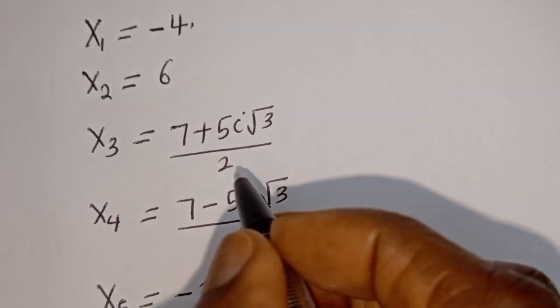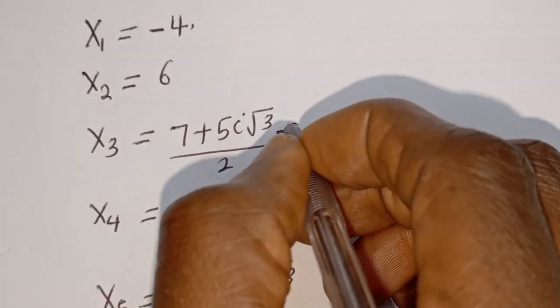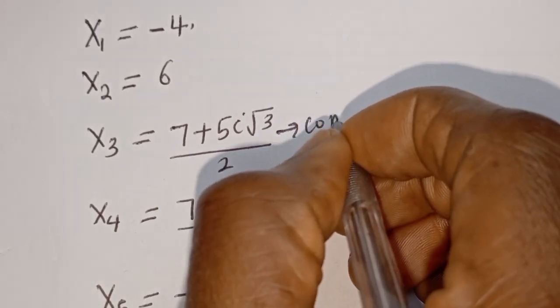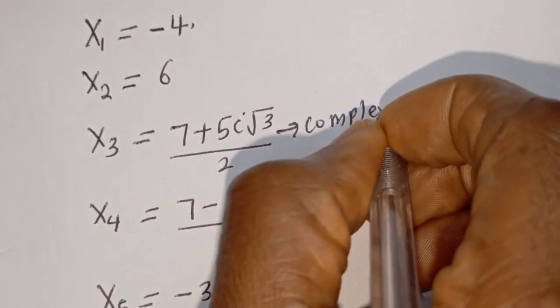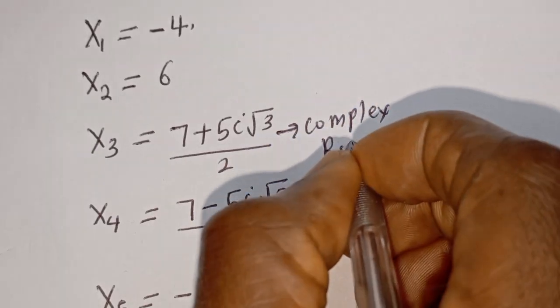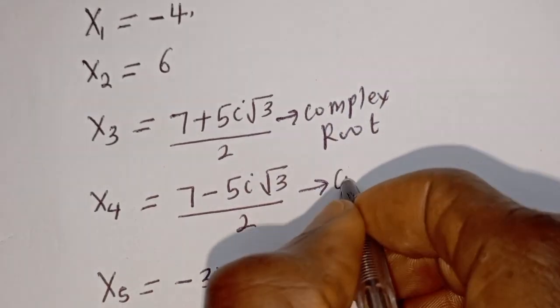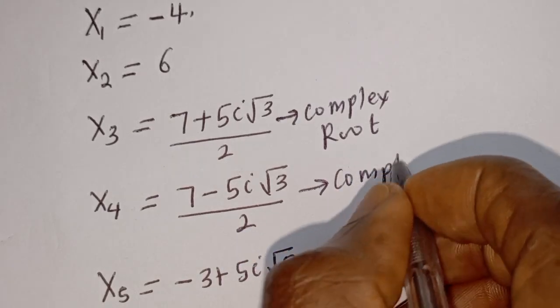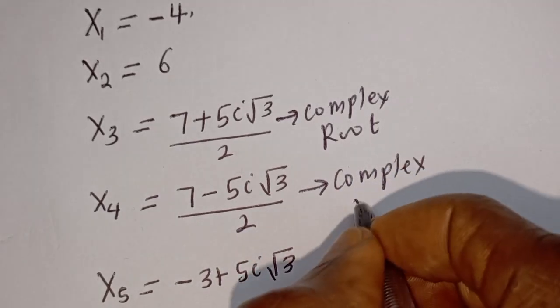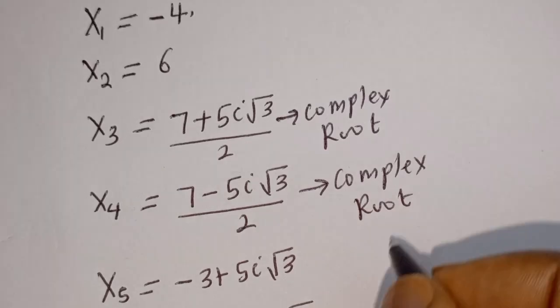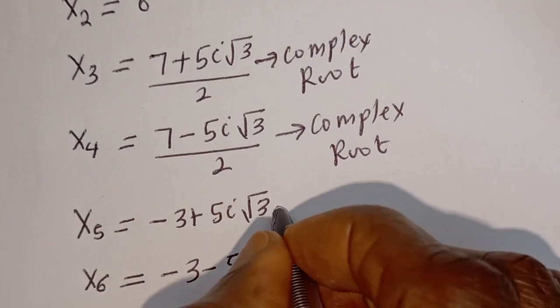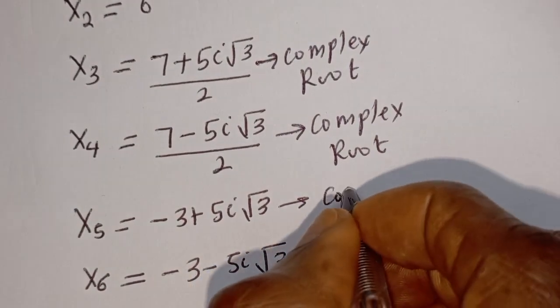Then here, this is a complex root, and this is also a complex root. This also is a complex root.